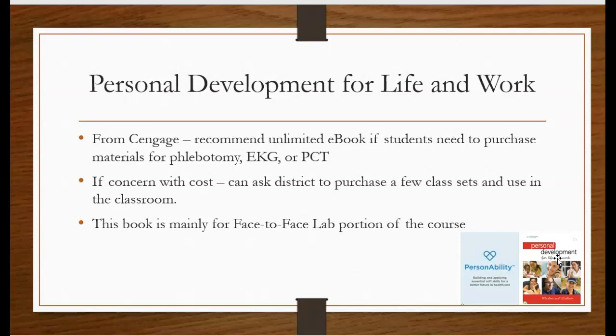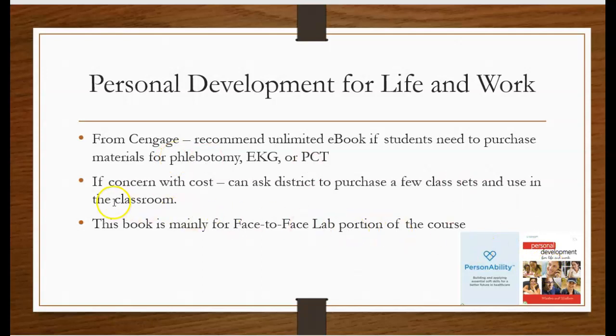It's unlimited. They can download as many books as they want. And phlebotomy's book does come from Cengage, and the EKG book does come from Cengage. So if your students are in either one of these courses, have them purchase the unlimited ebook from Cengage, because they have to do it for the phlebotomy book anyway, and that way they'll get access to this resource as well.